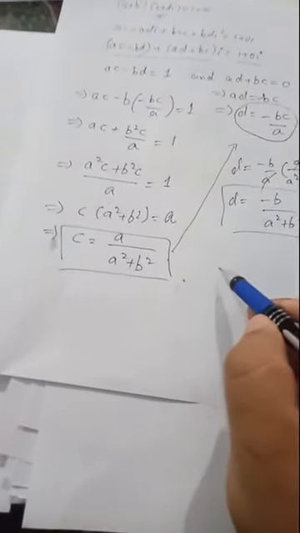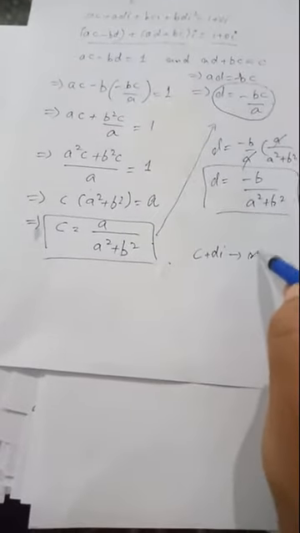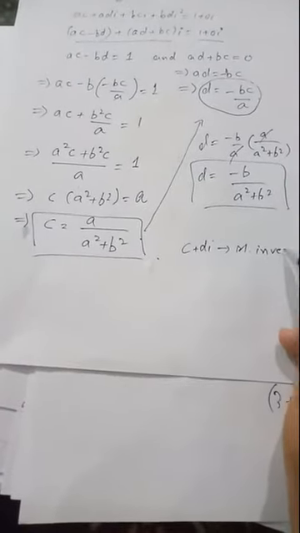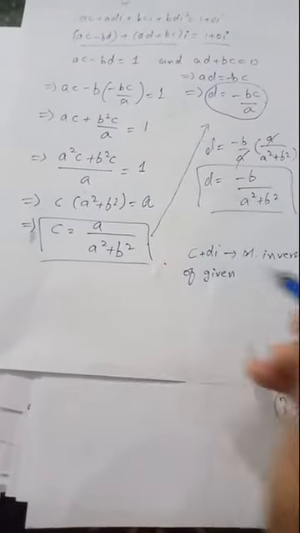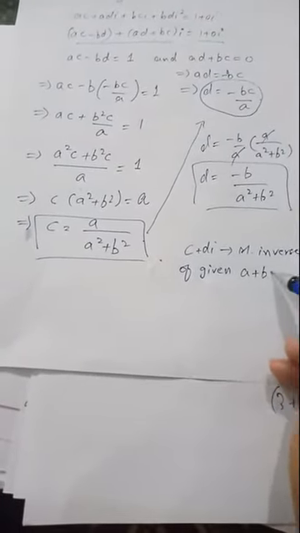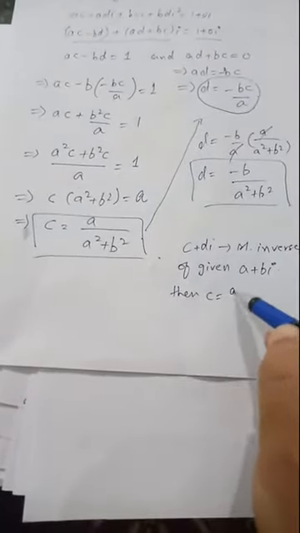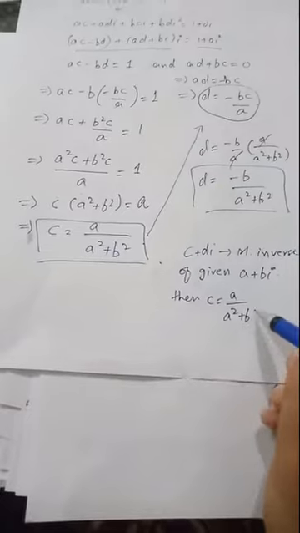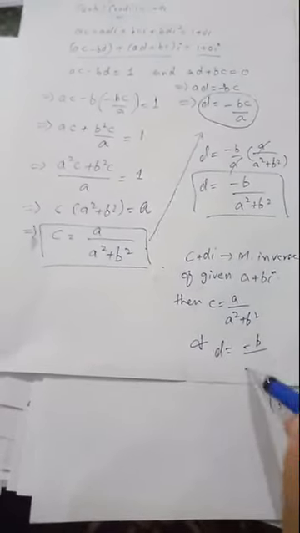So if c plus d iota is the multiplicative inverse of the given complex number a plus b iota, then c will be equal to a divided by a square plus b square, and d will be equal to minus b divided by a square plus b square.